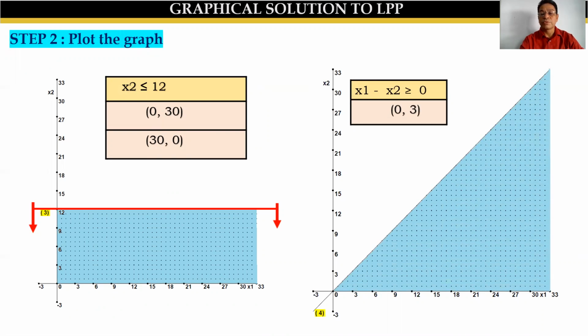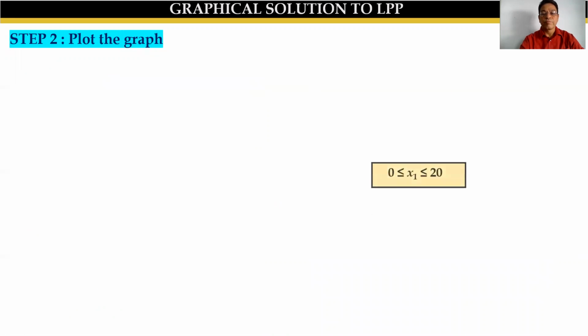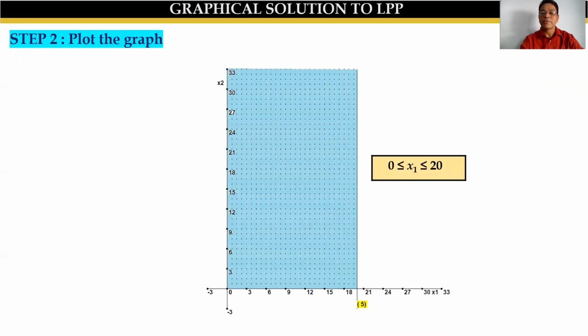So the constraint line will be like this. And since it is greater than or equal to 0, we have arrows like this. It should be greater than 0, so in this direction and not in this direction. And we have one more constraint which says that x1 should lie between 0 and 20.